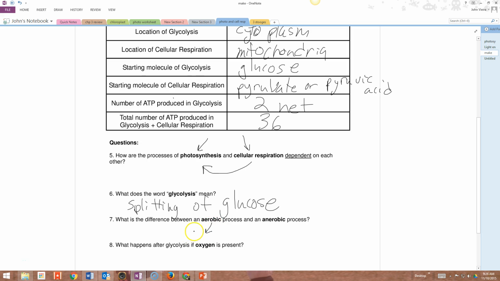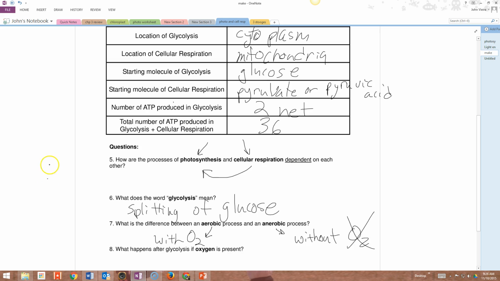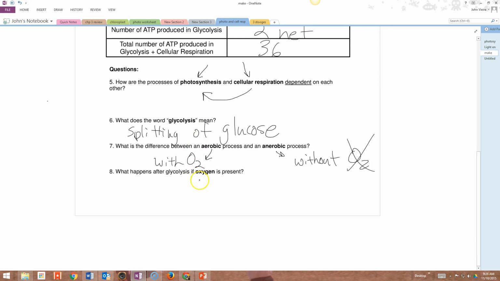What is the difference between aerobic and anaerobic? What does aerobic need? With oxygen. And then anaerobic is without oxygen. So what happens after glycolysis if oxygen is present? Where does that pyruvate go? Into the Krebs cycle.